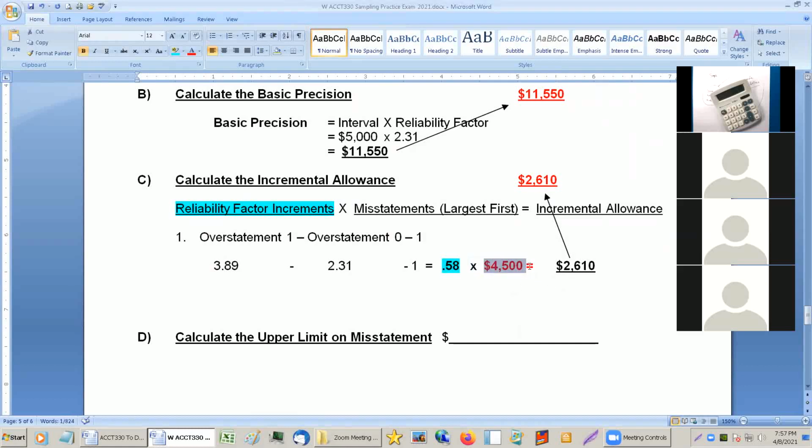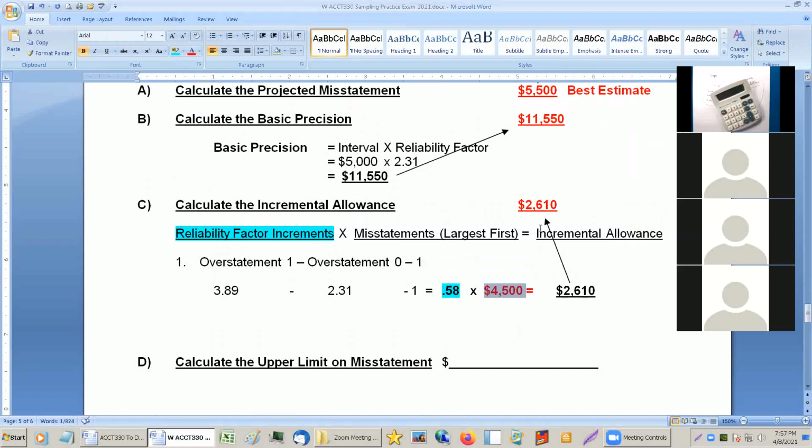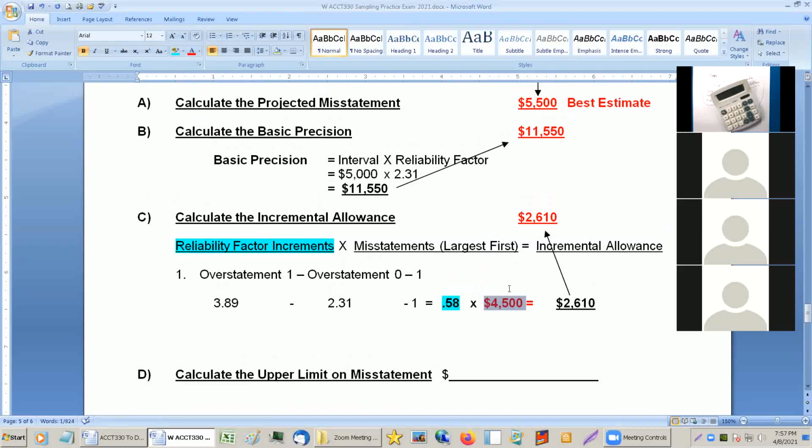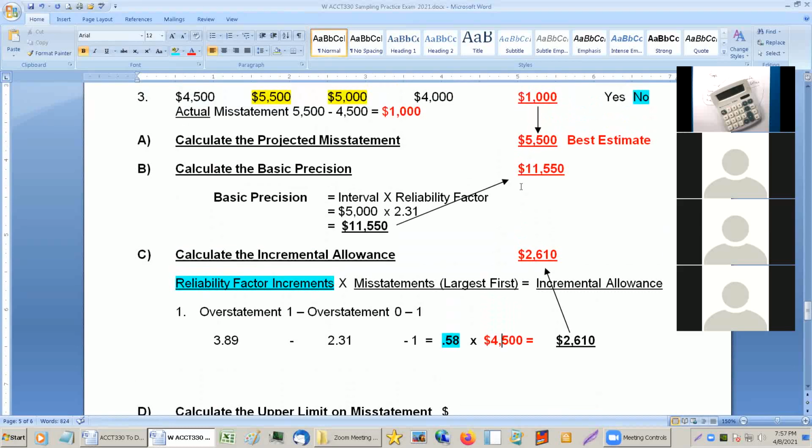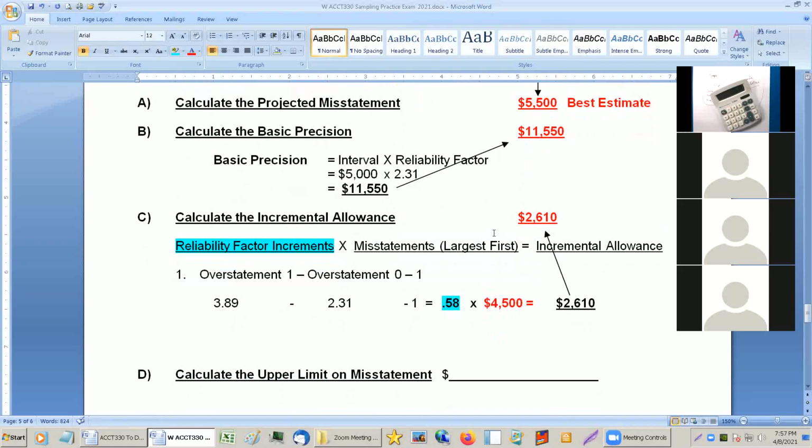The larger the dollar amounts that got by, the more they could be off by. If this is off by $45, it's different than being off by $4,500. So the more that something is off, the more likely there's a larger misstatement.